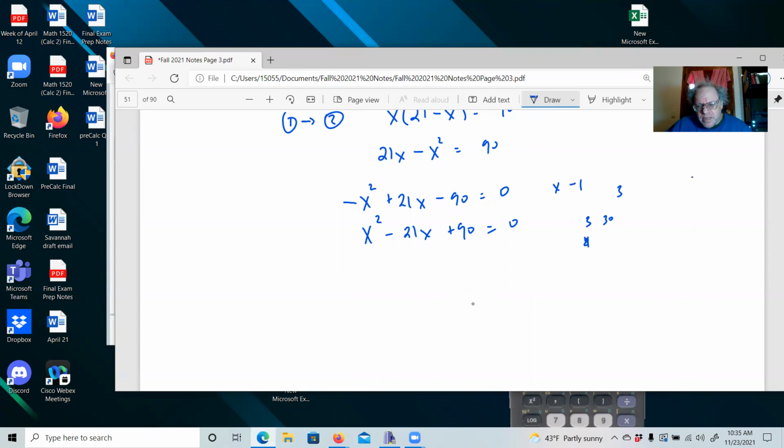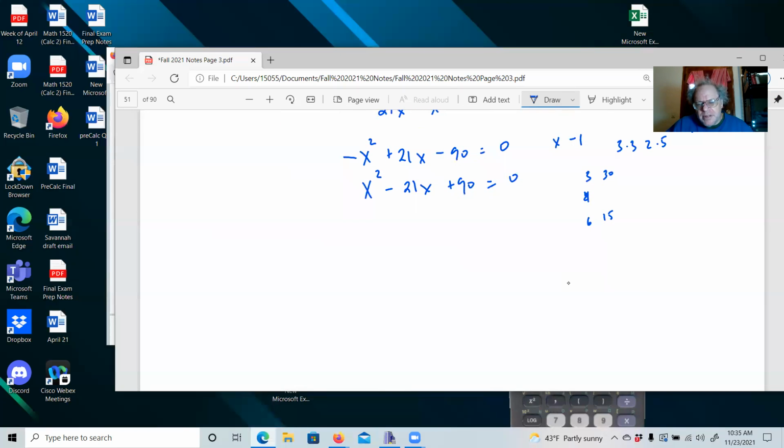This is 3 times 2 times 5, so this could be 6 and 15. Hey, wait a minute, 6 and 15 add up to 21. I like that. So we have x minus 6, x minus 15. Multiplying these together, I get positive 90, and negative 15 and negative 6 is negative 21. So x is equal to 6, x is equal to 15.